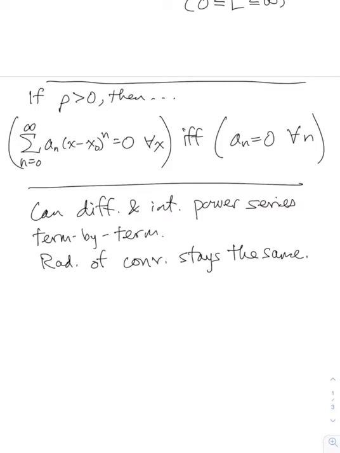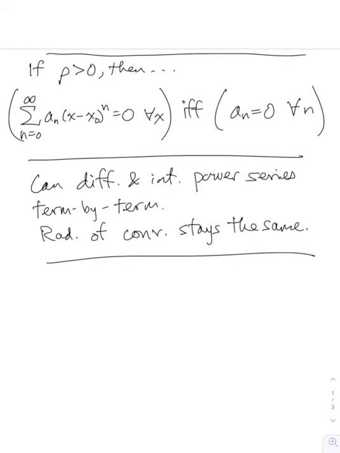There's no reliable thing that you can say about what happens at the endpoints when you differentiate and integrate. But you can say that the radius of convergence always stays the same when you differentiate and integrate. I'll be doing an example of that here in a moment.